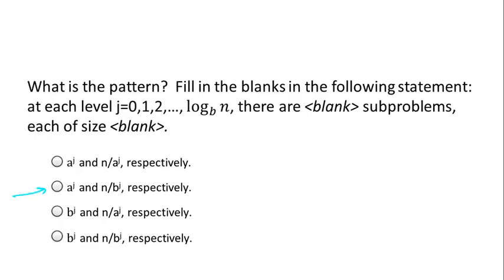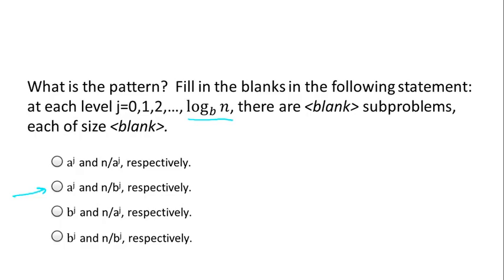Similarly, b is exactly the factor by which the input size shrinks once you make a recursive call. So j levels into the recursion, the input size has been shrunk j times by a factor of b each time. So the input size at level j is n over b to the j. That's also the reason why, if you look at the question statement, we've identified the number of levels as being log base b of n.